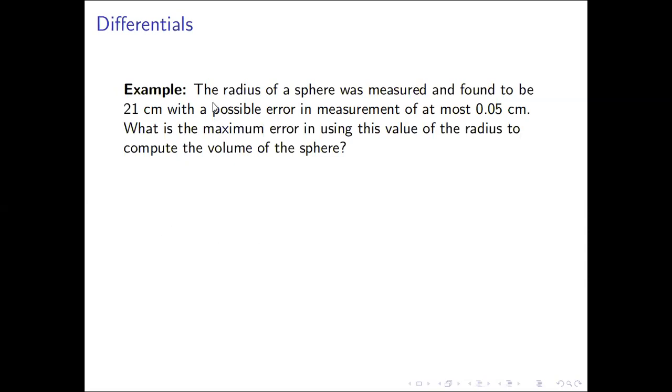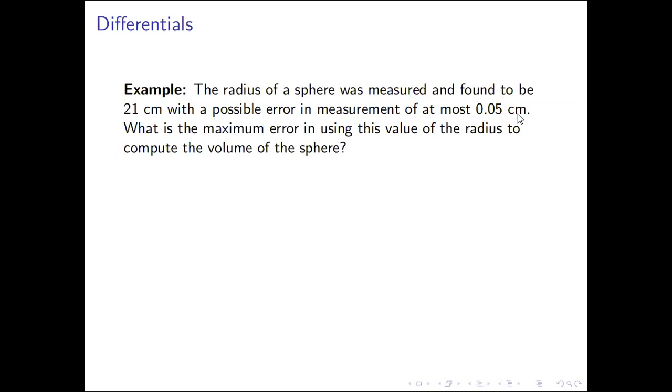Let's read the example. The radius of a sphere was measured and found to be 21 centimeters with a possible error in measurement. And somehow they learned or derived that the error is at most 0.05 cm. Good.